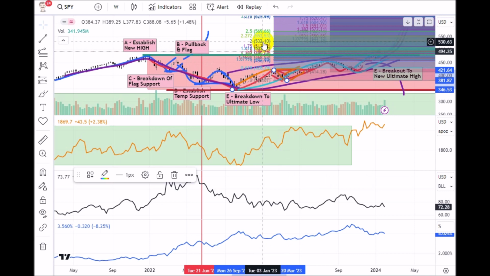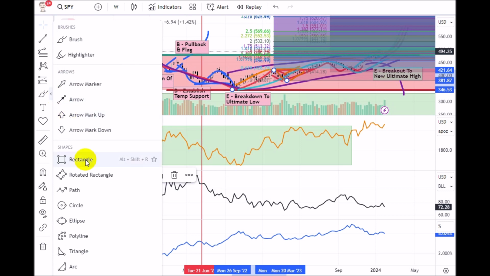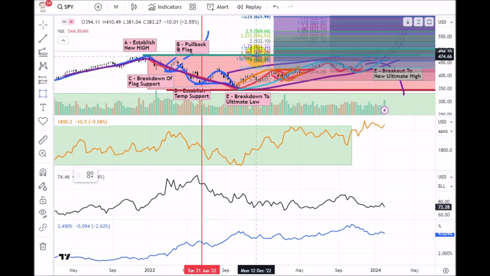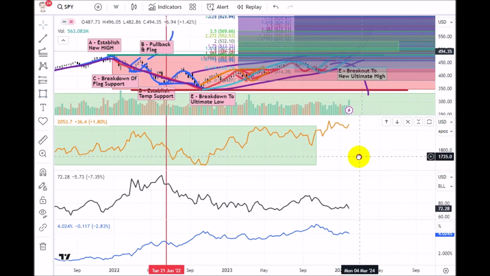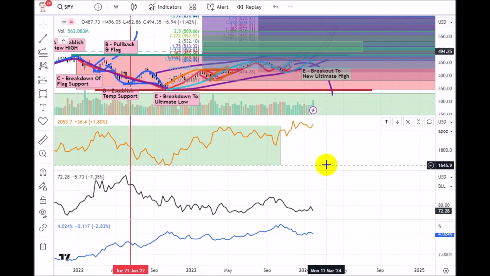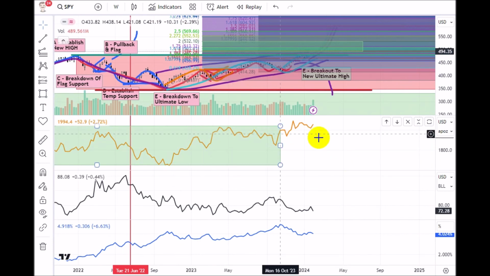Okay, so again, this gives us a range where we could be looking at right here, roughly this area, to this area.